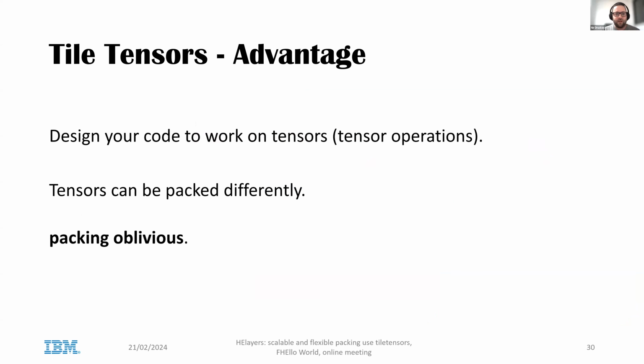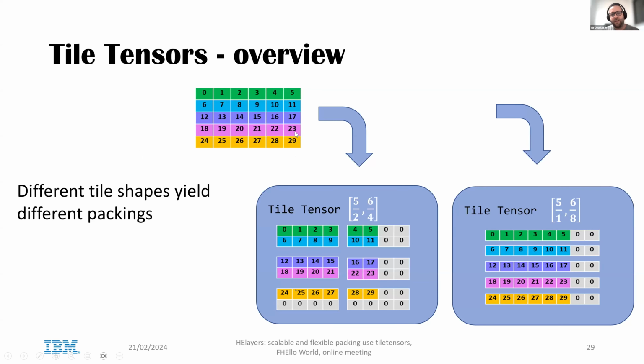And the advantage of using tile tensors in the notation, and the understanding that there are so many packings and a way to enumerate them, is that we can design code to work on tensors and not on ciphertext. So users don't need to program every ciphertext, say take 1 to 5 put here, 6 to 11 put here, etc. They need to say take this matrix, put it in another tile tensor, and we go from there.